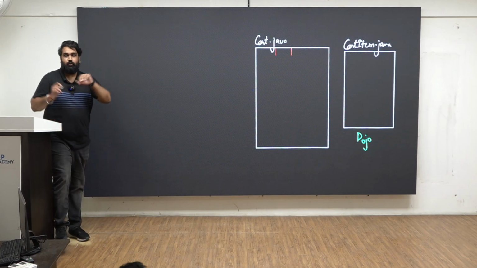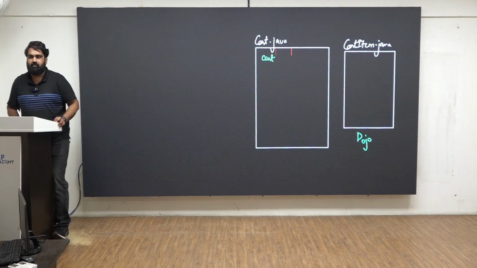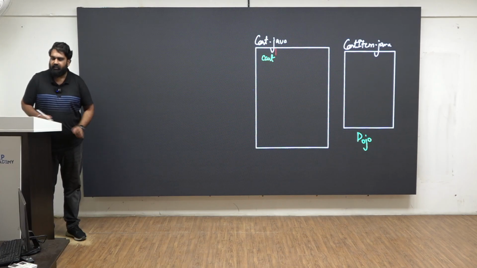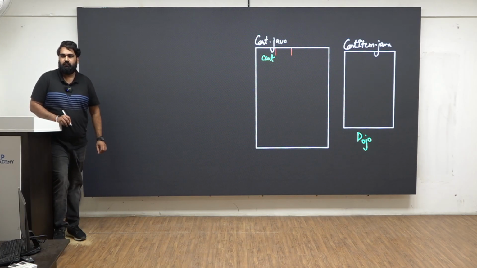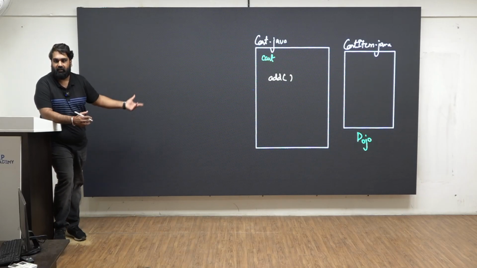I was adding it into the cart map. So if I have to tell you, cart.java was a class which had a map. Will you agree? What was the name of the map? You named it cart. Map was a cart. What else did you have inside the cart class? Sir, I was having a method called add to cart or add method.